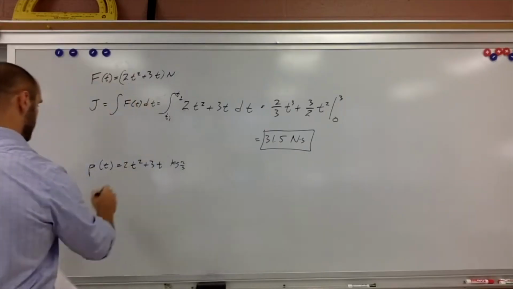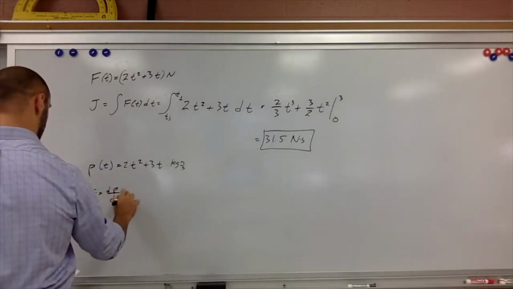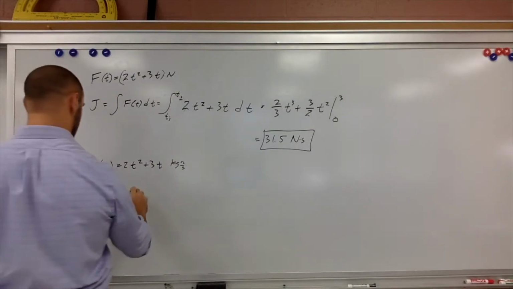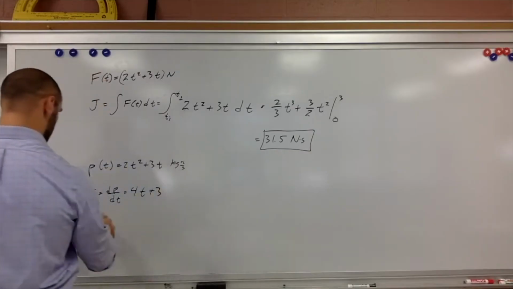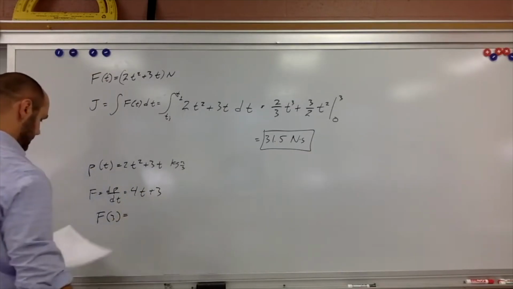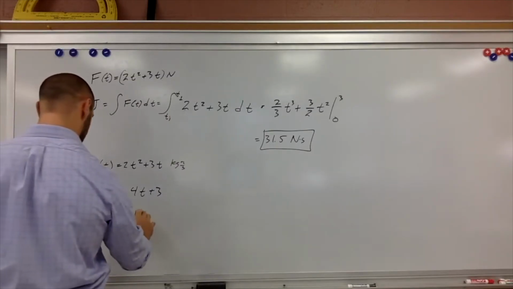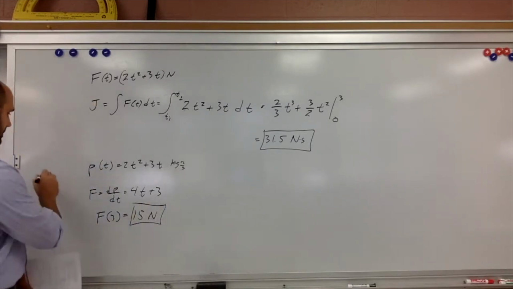F is dp/dt, so the derivative of this is going to be 4t plus 3. Then the force at 3 seconds, we plug 3 into this, and we should get 15 newtons. So this is example 3.